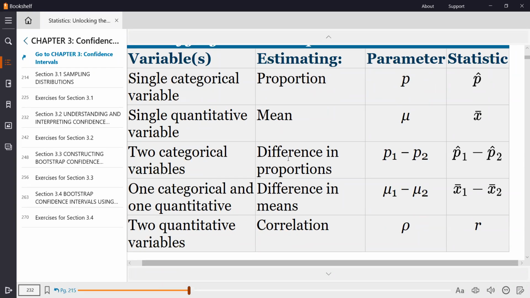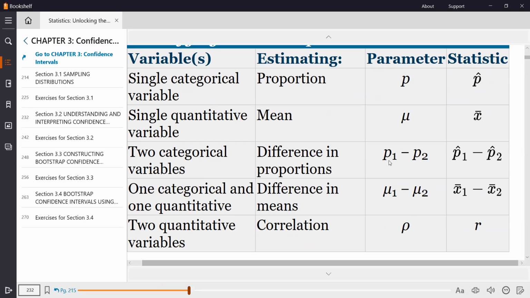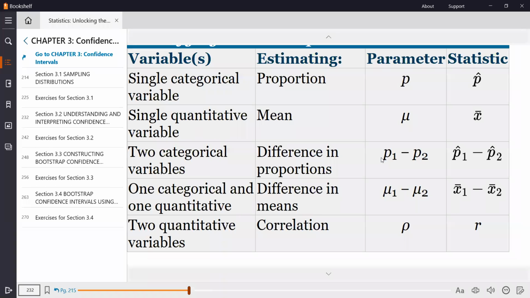Suppose we have two populations and we want to know the difference in their proportions for the same thing. For example, in the question that we just looked at, the proportion of US adults 25 or older, suppose we talked about adults on the East Coast versus adults on the West Coast of the United States.